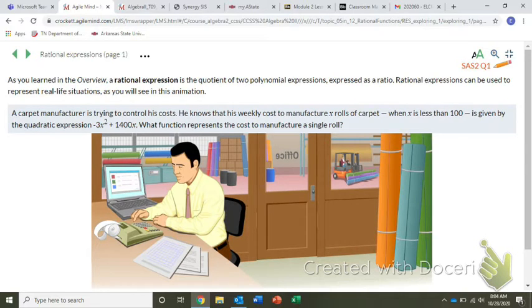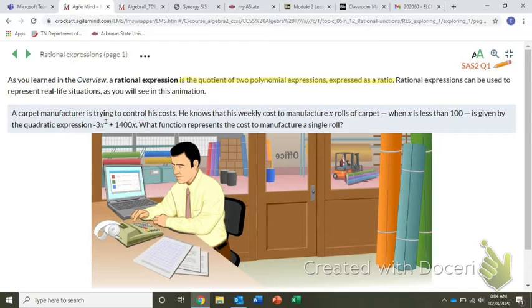They explain, and this is number 1 on your workbook page. It says, what is a rational expression? Well, they define a rational expression as the quotient of two polynomial expressions expressed as a ratio. So what that means, a quotient. What does the word quotient mean?